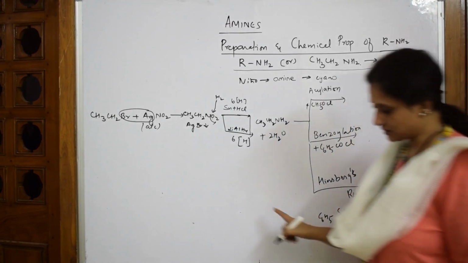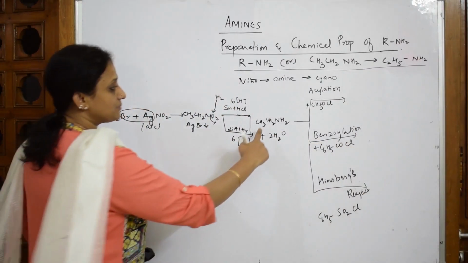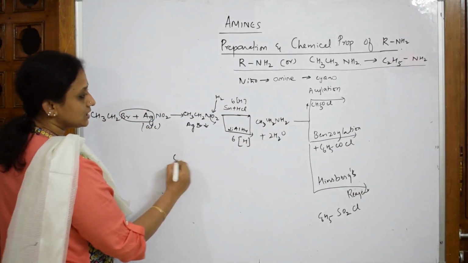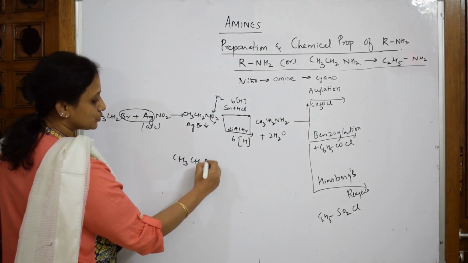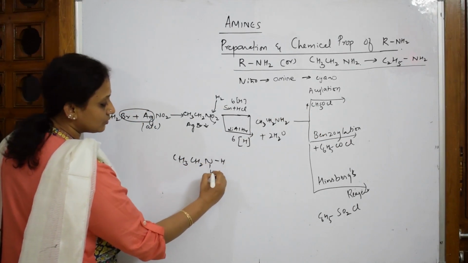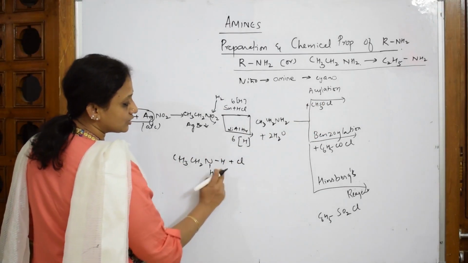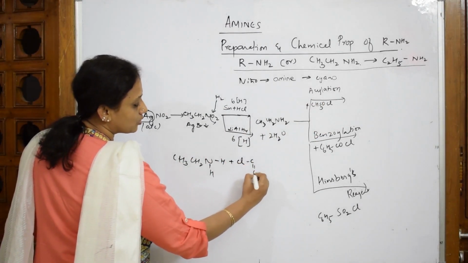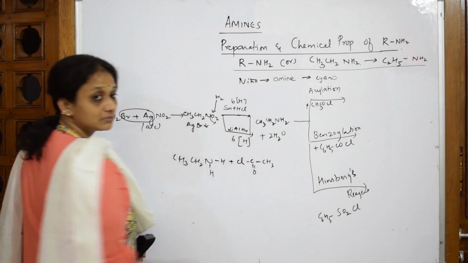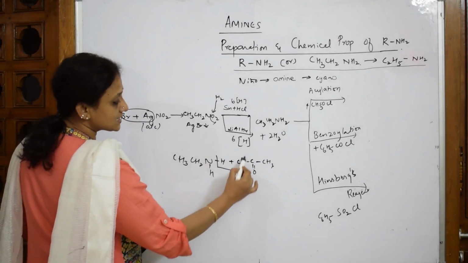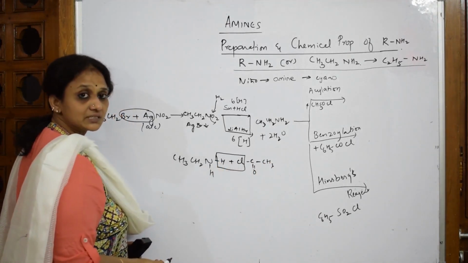Now let me write the reaction down. I am taking this and this first. Your CH3CH2N, one hydrogen here, one hydrogen here. I am going to add acyl group, the acylation reaction. Cl, try to write it on this side, C double bond O and CH3. As soon as you add acyl group, HCl is eliminated.